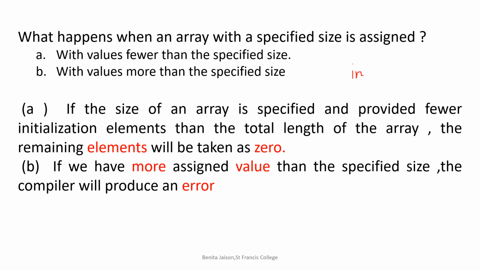Suppose it is an integer array, you declare using the data type, then mention the array variable name followed by the size in brackets. Suppose I gave the size as 5 during declaration, and I assign only 3 elements into the array called a.